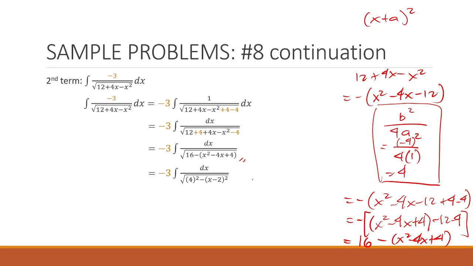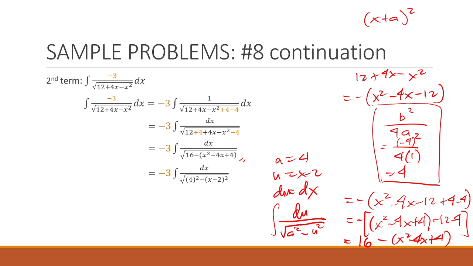This now takes the form what? So a is 4, u is x minus 2, du is dx, right? We have du in the numerator divided by square root of 4 squared, where 4 is a, so a squared, minus x minus 2 squared, where x minus 2 is u, so u squared.